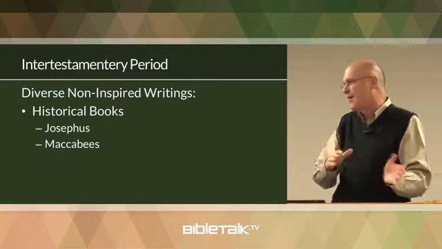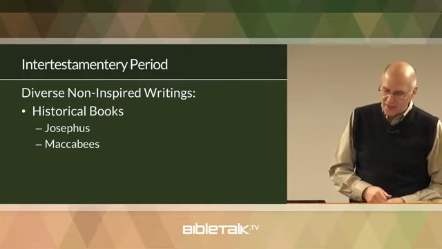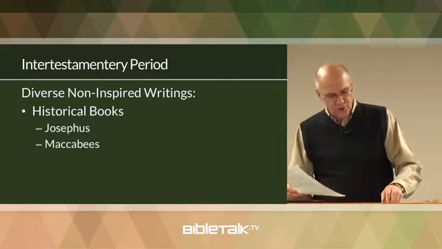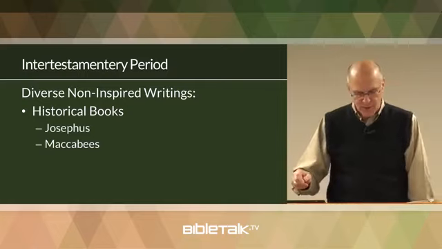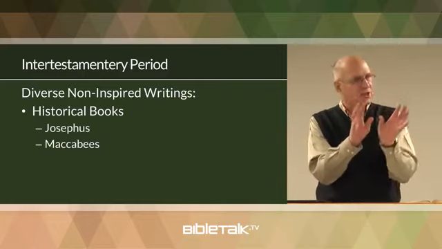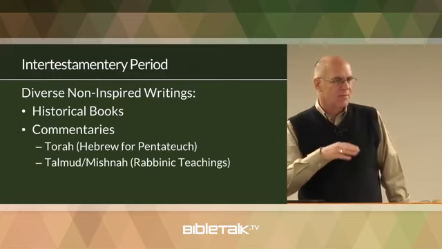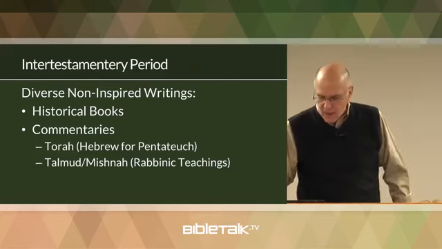You only know that if you read Josephus, for example. Also the writing of the Maccabees, the first and second Maccabees, the history of the Jewish uprising during that period of time, and I'll talk about that a little later. So there were the historical books that were written during that intertestamentary period, some people say intertestamental, either way is okay.